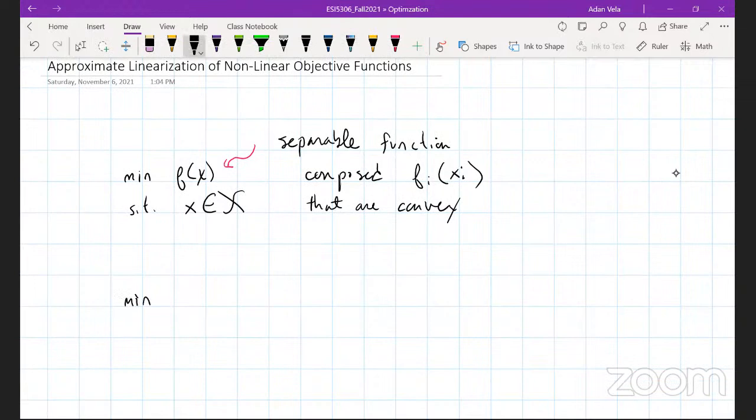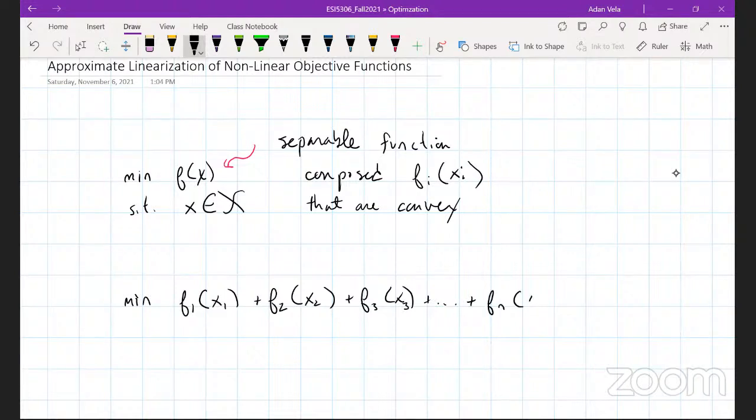So instead of just writing f of x, we can write our optimization objective function of f1 of x1 plus another function of x2 plus another function of x3. And this is going to go on across all the dimensions of our decision variable x.